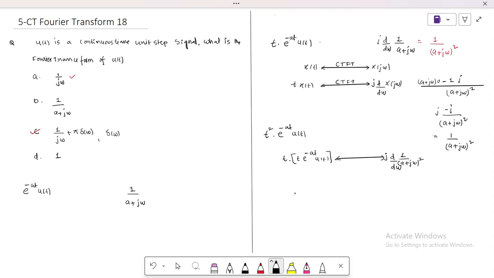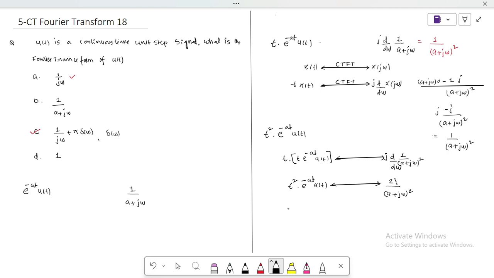For this case, we get t square e power minus a t u of t, and after simplification we will get like this. So the answer is 2 by a plus j omega cube.